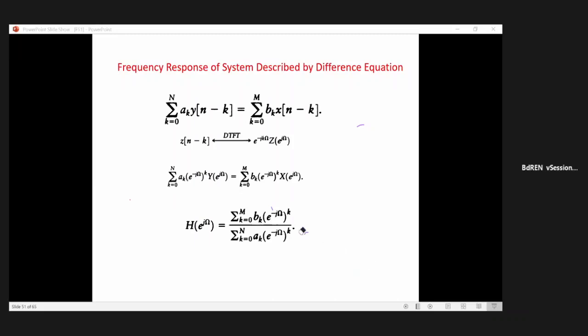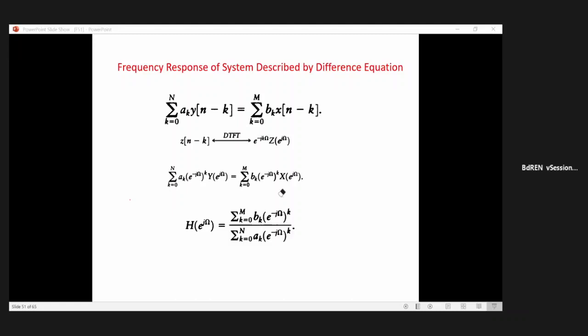A difference equation, isn't it? If we have a difference equation, how can we transfer it into the frequency domain? By using the Fourier transform. In the difference equation, rather than differential properties, our time shift property will be applicable.